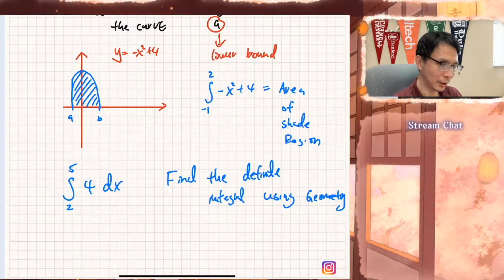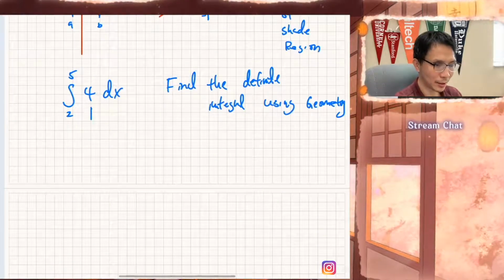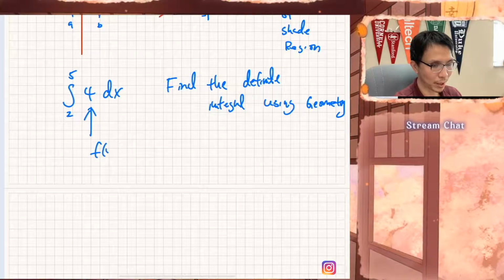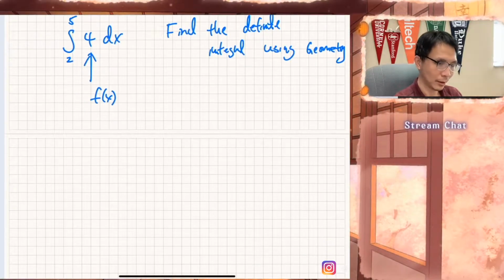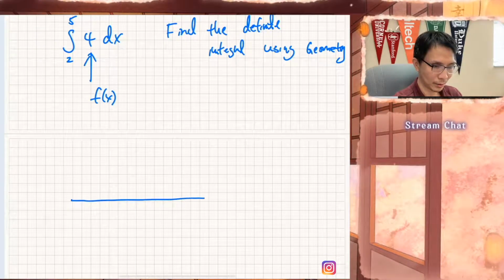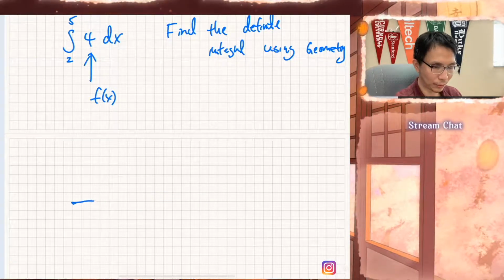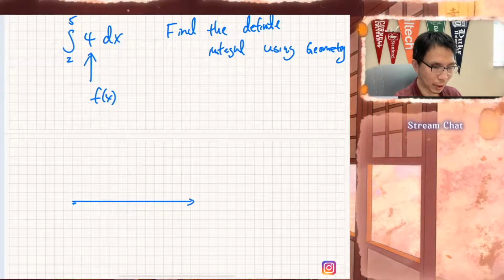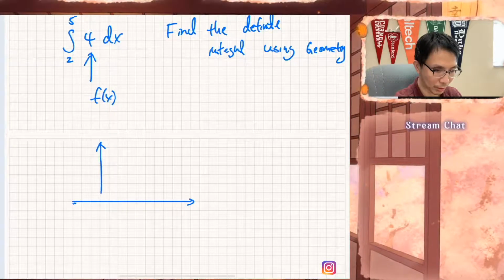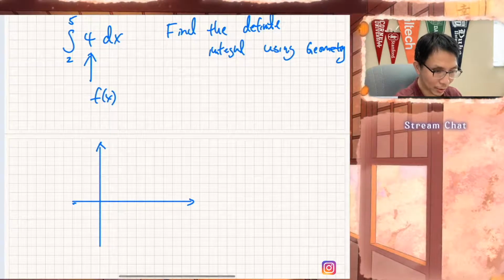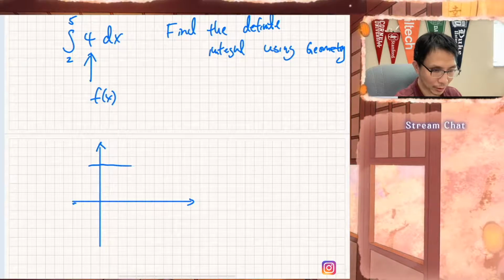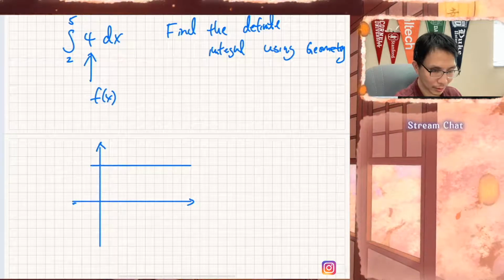Because the 4 is the function, right? What is the 4? We are talking about simple geometry. We're not talking about something complex. So 4 is the function.